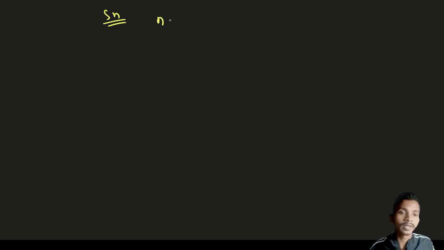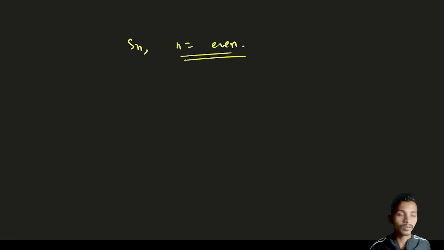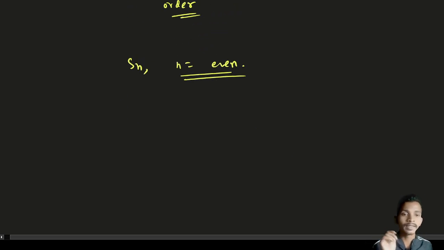So let's look now at Sn. For n even, or n can be odd. This n is the order. So if n is odd, then what will happen? For n even, consider the number of operations required to get the identity.